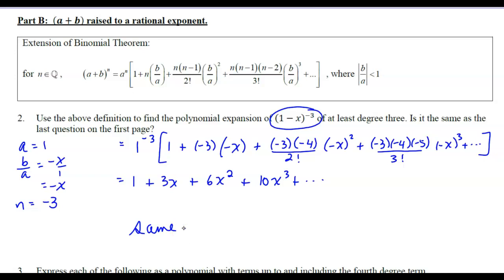So really, you don't have to do the long way, which was the previous page. Now you have a formula that you can use. Typically, what I've seen for IB exams is usually the first term is 1, okay, but this works for anything, right?